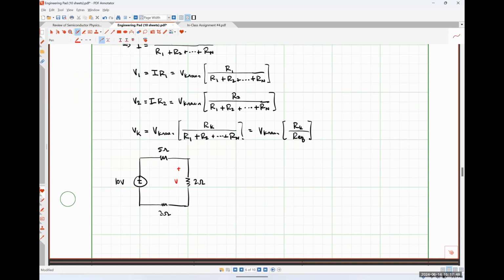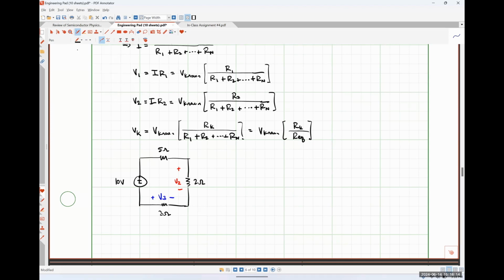And I'm going to define a voltage V2, sorry, I should make that V2, that's confusing, with positive polarity on top, like so. And I'm going to define a voltage V3 as positive polarity on the left, negative polarity on the right.